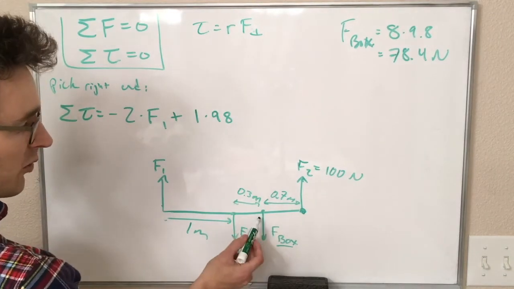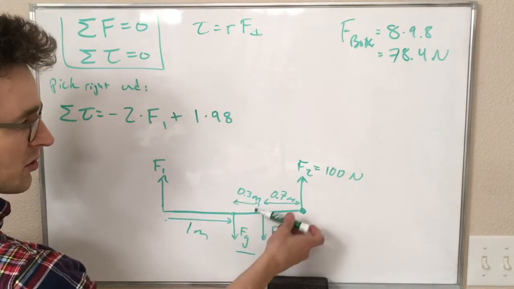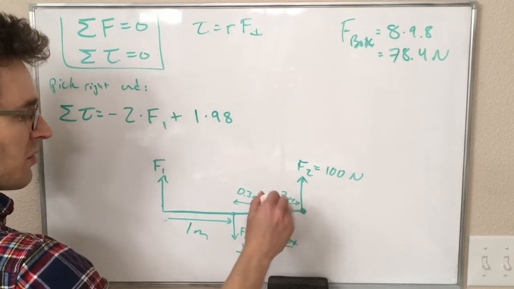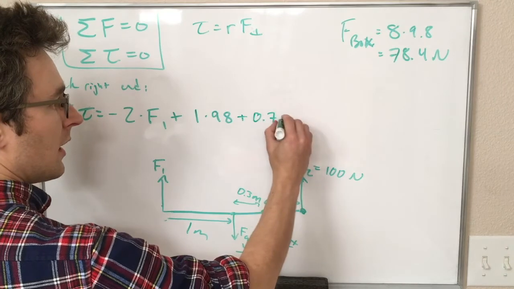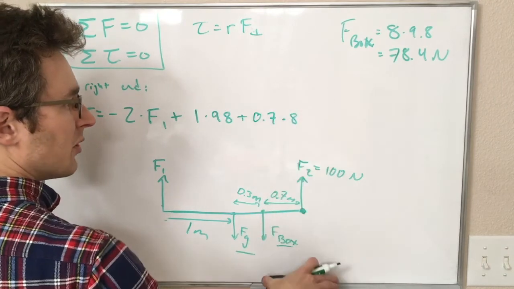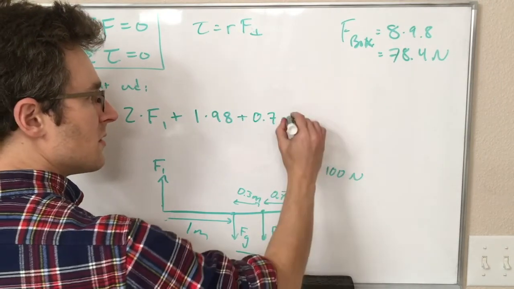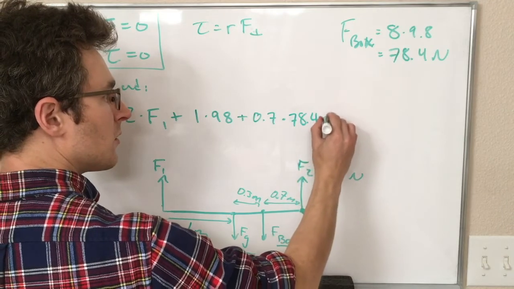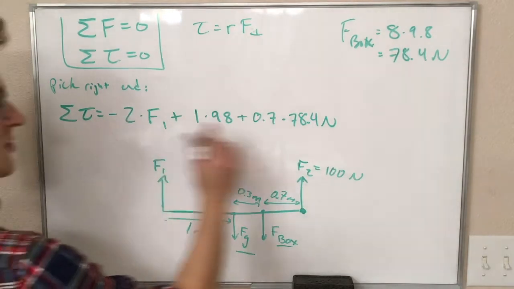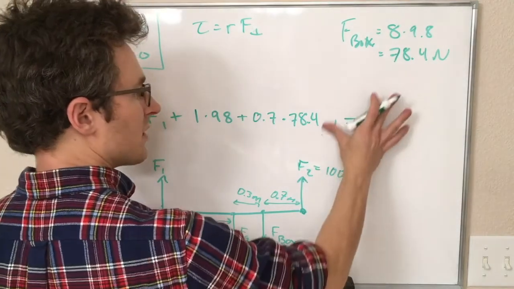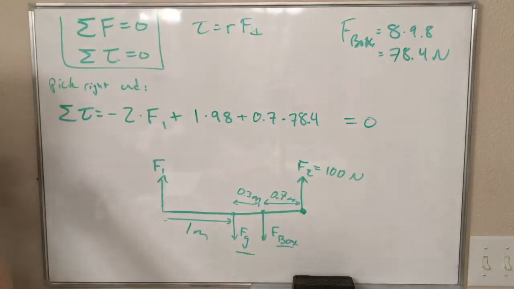Okay, we also have the force from this box. That is also going to be a counterclockwise positive torque. That distance is 0.7, and that is still 78.4 newtons. And the sum of the torques is equal to 0. I don't need my units there because I haven't written units anywhere else.